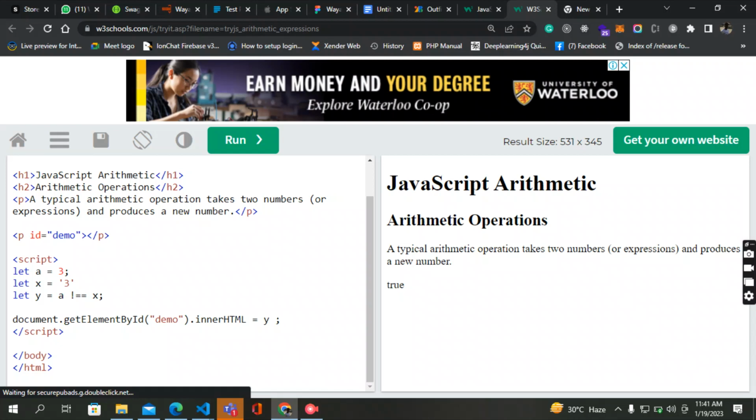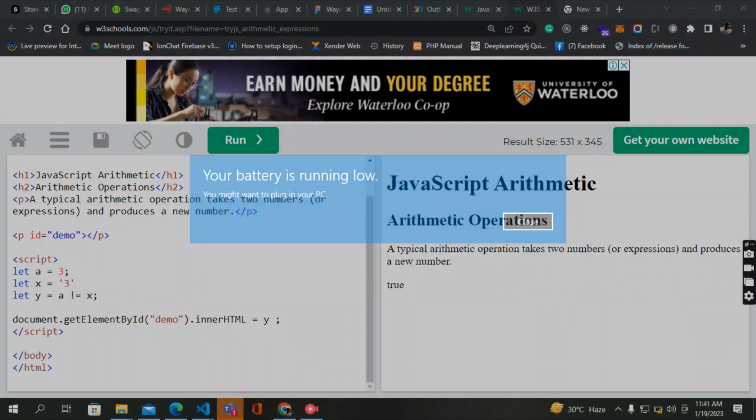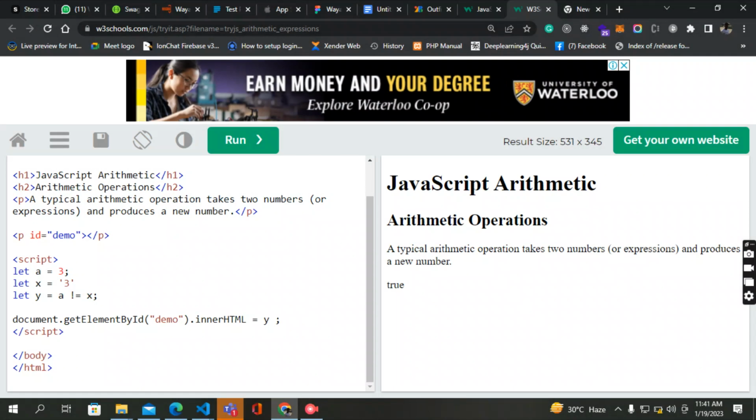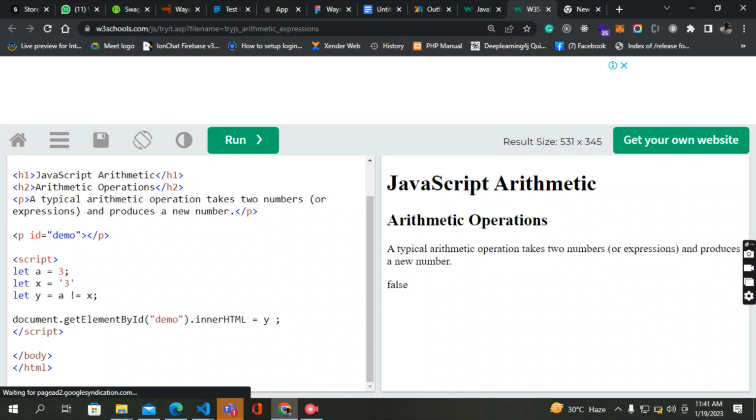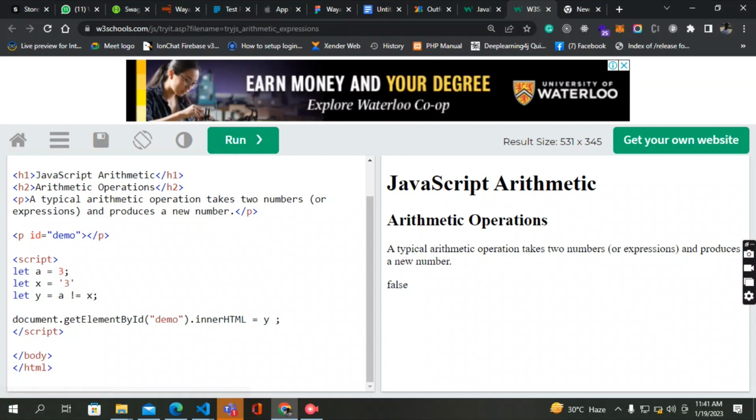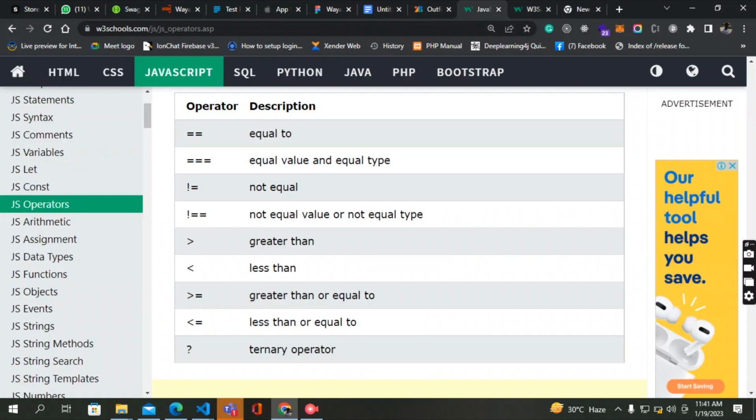So if you say x is not equals to x, 3 as a number is not equals to 3 as a string, which is true. But immediately I remove this, it will become false, because at this point it is seeing it as true, so it will turn it to false.